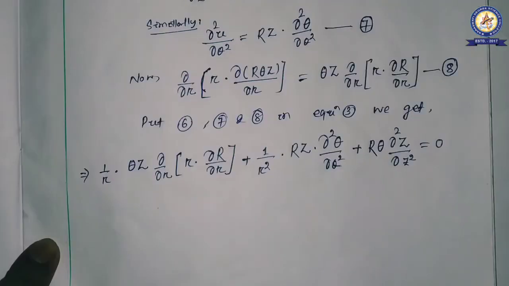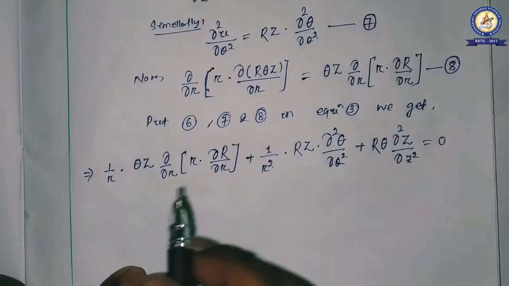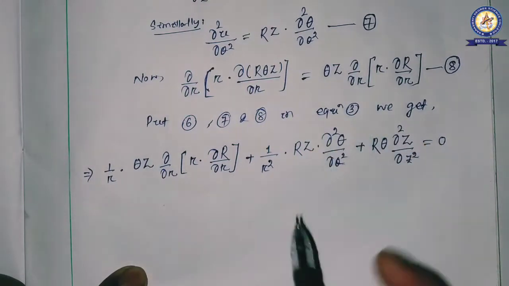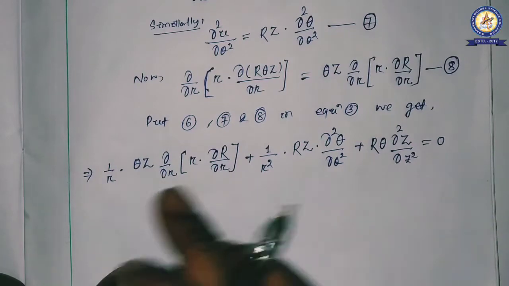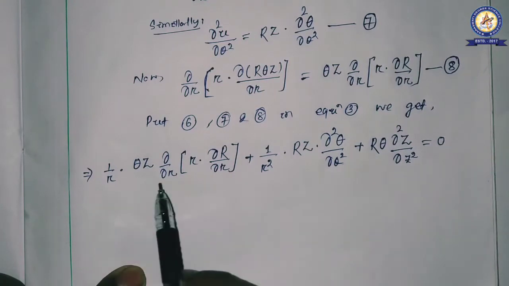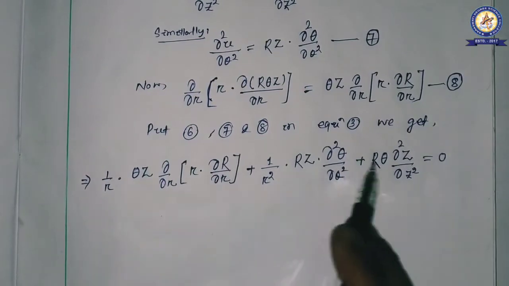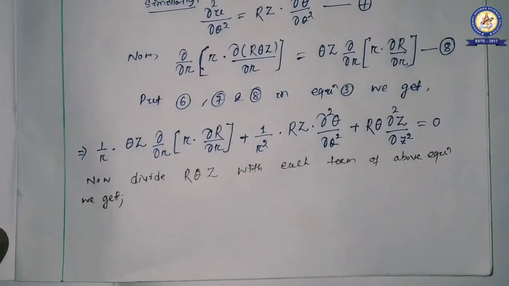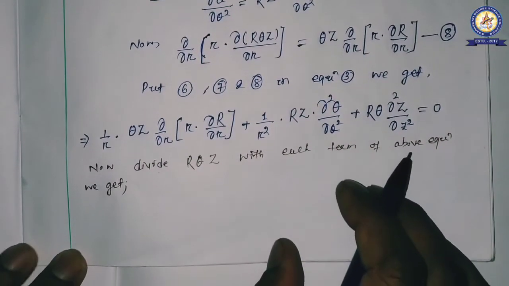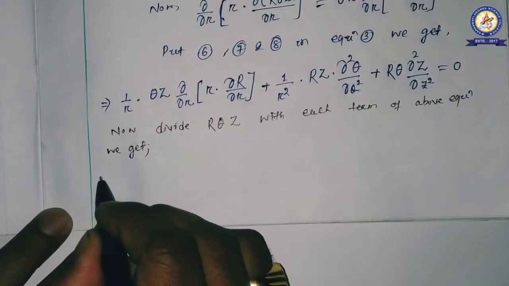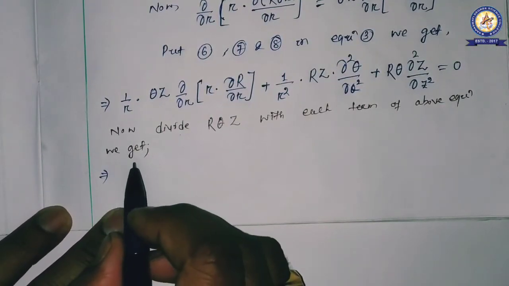Now we have to divide according to the step of the separation of variables method, whatever we have discussed earlier. After this we have to divide by capital R capital theta. Here you can see u is a function of r, theta, z, so we have to divide by r theta z with each term. So now divide r theta z with each term of the above equation. What do we get? I'm writing directly.